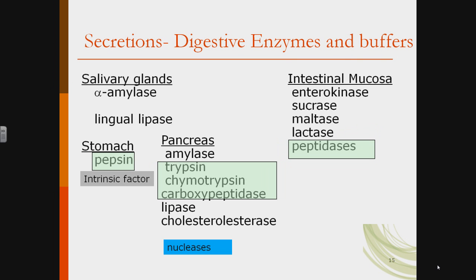I need you to know that these enzymes are actually stored in the pancreas in an inactive form. They are zymogens. The word zymogen means inactive form. So in the pancreas, trypsin is actually made and stored as trypsinogen, chymotrypsin as chymotrypsinogen, and carboxypeptidase as procarboxypeptidase.